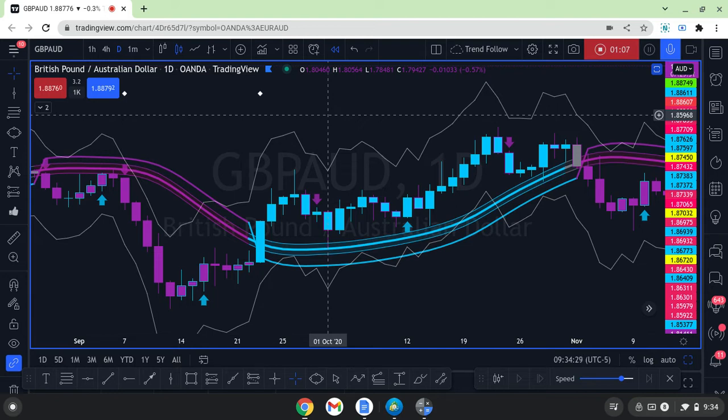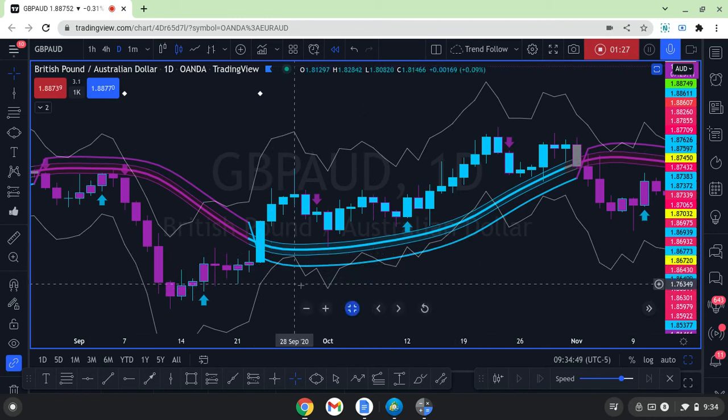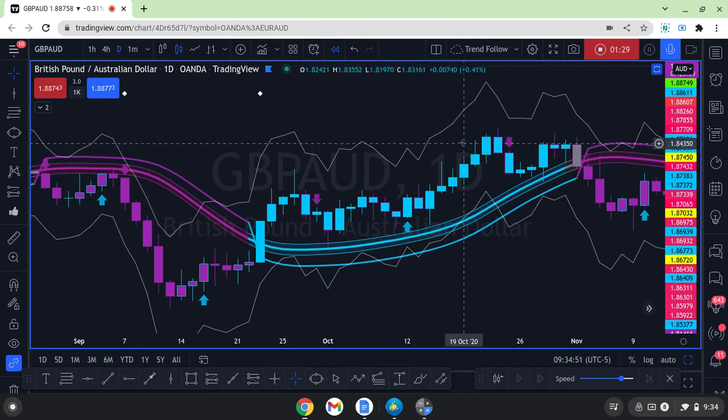Let me get to the point because I don't want to make this video long. The first component we're going to speak of is probably one of the most important components of this entire algorithm, and it's the ATR. The SSL Hybrid comes with an ATR, and this ATR is the squiggly line that you see here. The whole purpose of the ATR in our system is money management.